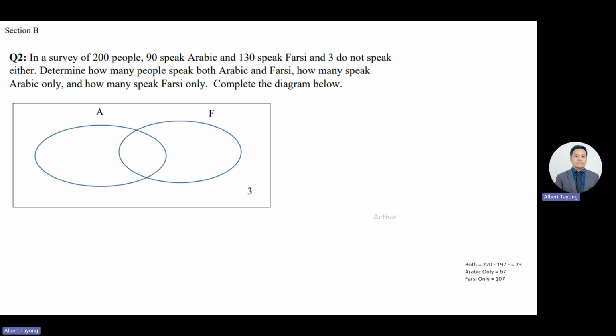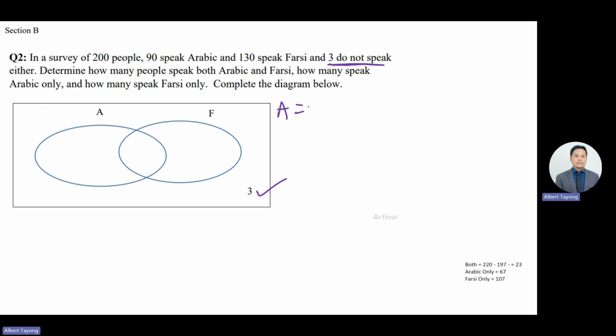Okay, number 2, actually, here in a survey of 200 people, 90 speak Arabic and 130 speak Farsi, and 3 do not speak either. So that's why 3 is outside. Yes, because it's mentioned here 3 do not. So these people are outside the circles.